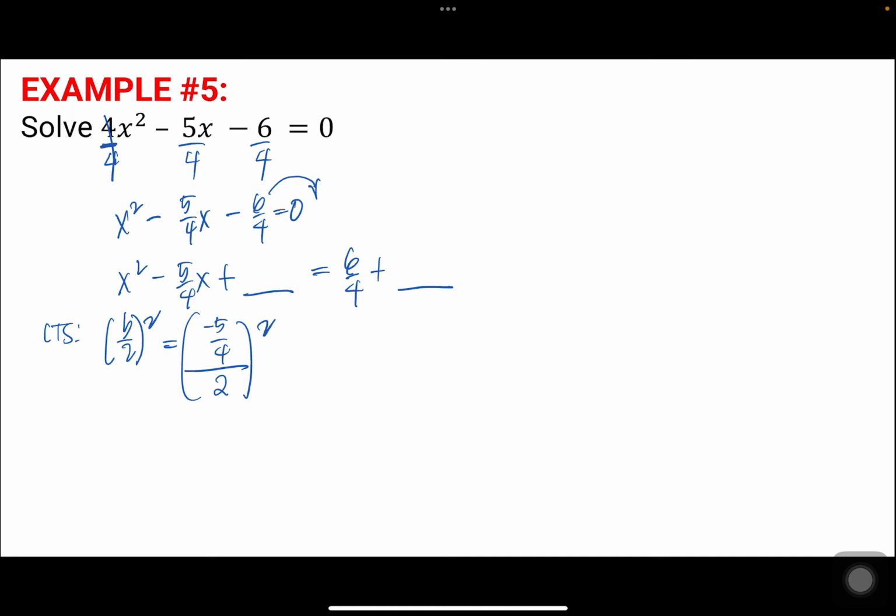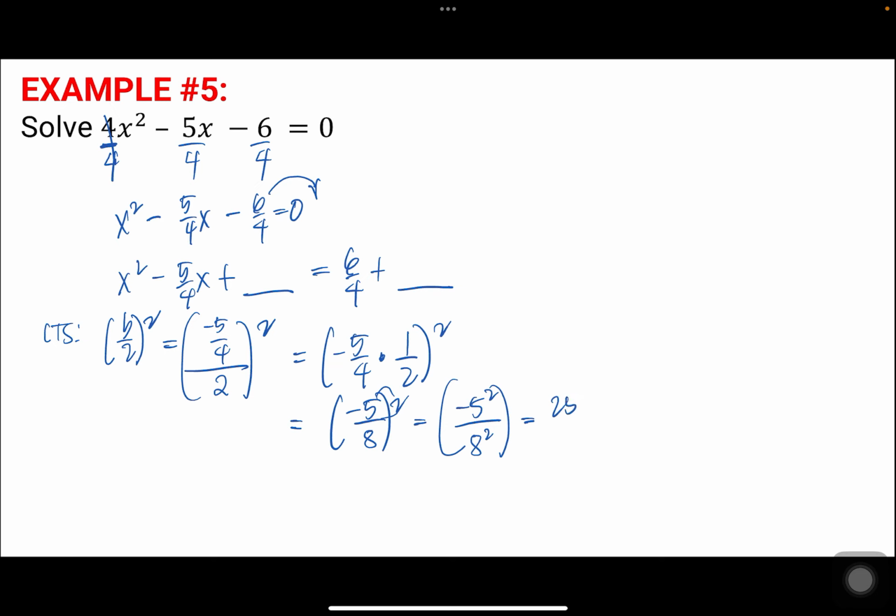So, ang magiging sagot po natin dito ay magiging negative 5 over 4 times 1 half squared. So, simplifying first, so nasa loob ng parenthesis, magiging negative 5 over 8 squared. So, i-distribute natin yung squared. So, magiging negative 5 squared over 8 squared, or equivalent kay 25 over 64.